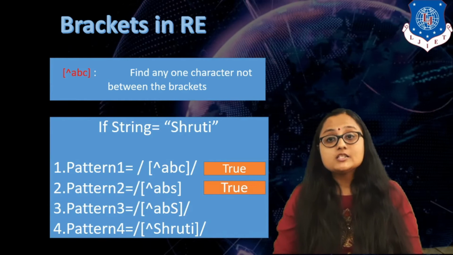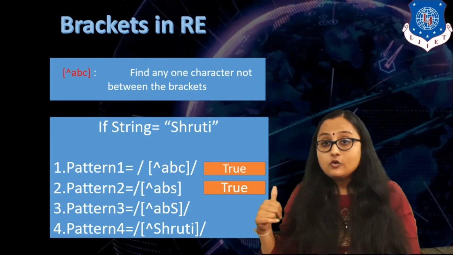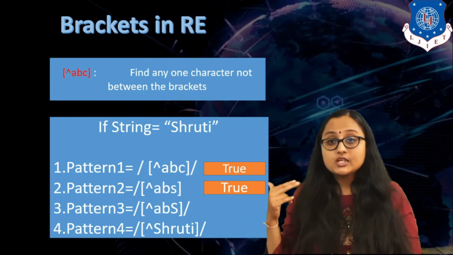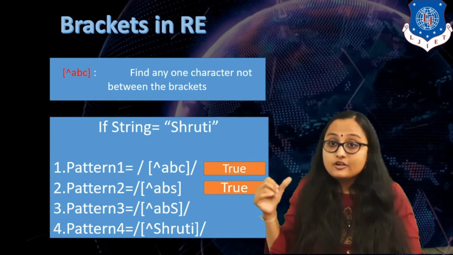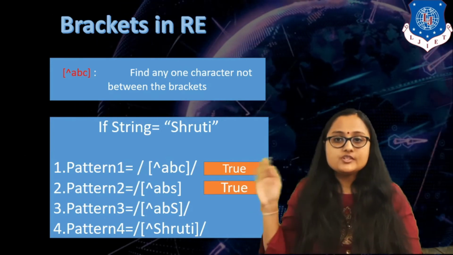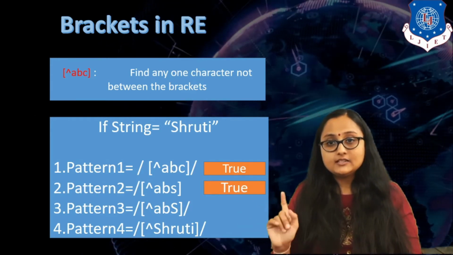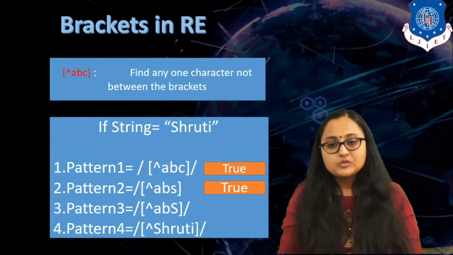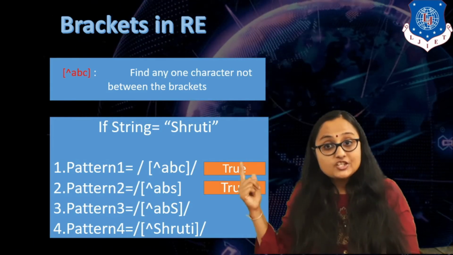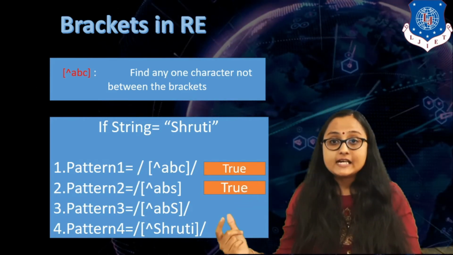The third pattern consists of A, B, capital S. So now is there any character which is inside my string and not inside the bracket? The first character is S. Now the first character S is inside the bracket, so I am not encountering the character right away. Let us move on to the second character in my string, that is H. Now that H character is inside the string but it is not inside my bracket.